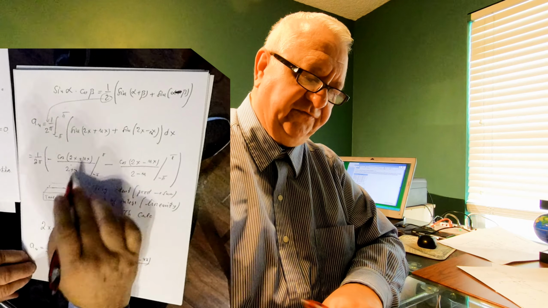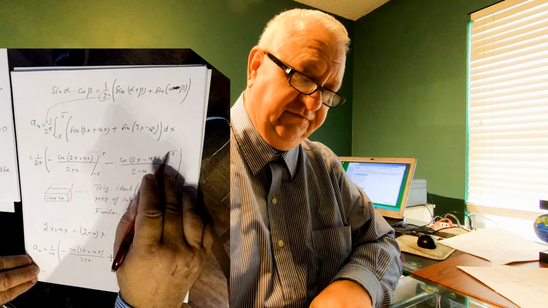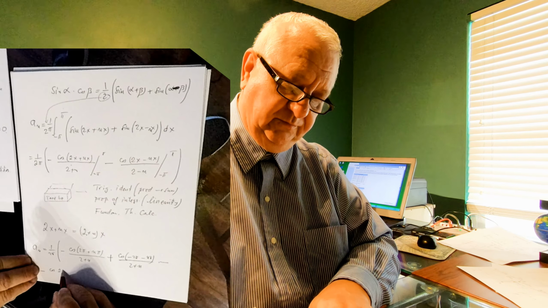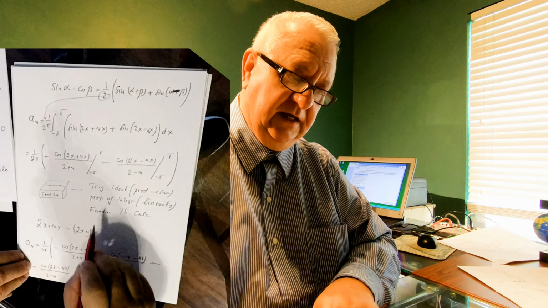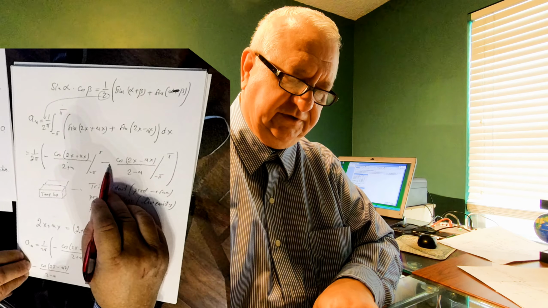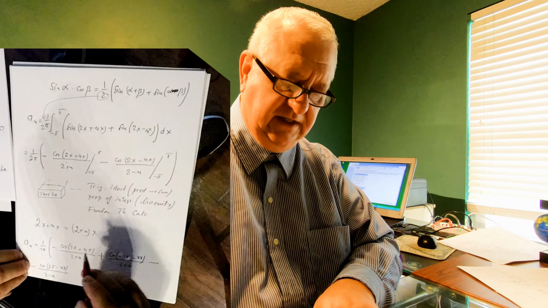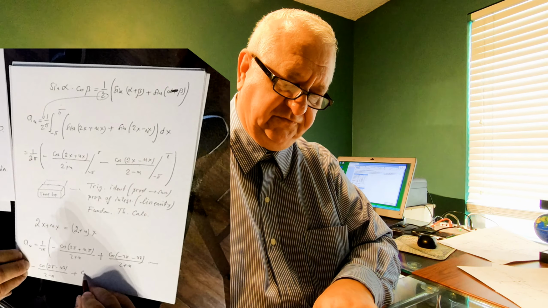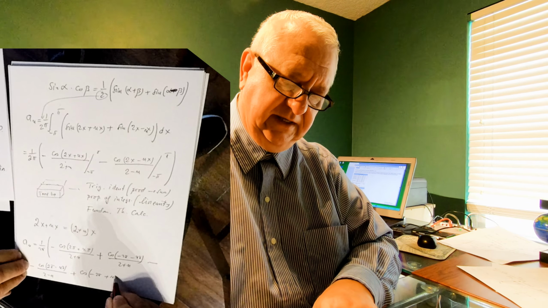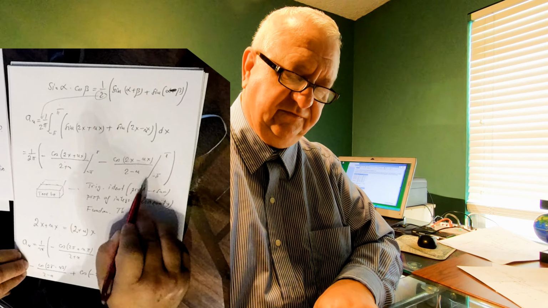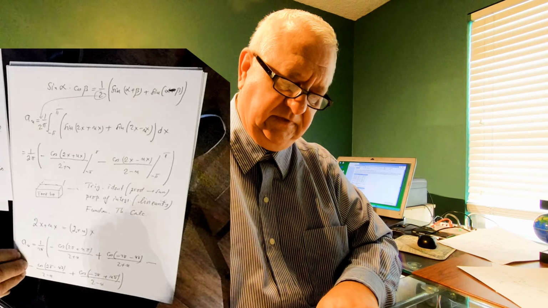We are done with the first difference. Then minus cosine at the upper limit, cosine of 2 pi minus n pi, over 2 minus n, minus from the fundamental theorem of calculus, at the lower limit makes plus cosine at the lower limit, minus 2 pi plus n pi, divided by 2 minus n.